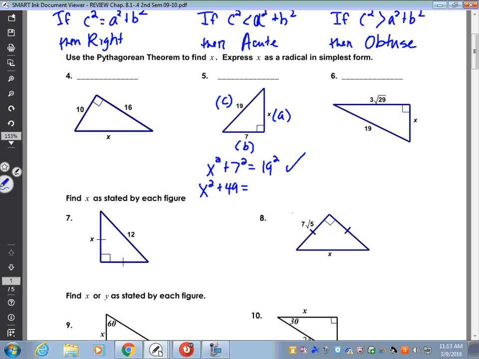What was 19 squared? 361. Okay, so we have to get to the x squared. So now what am I going to do? Yeah, subtract the 49. X squared equals 312. All right, so if you show that, then we get to here, some more partial credit points.